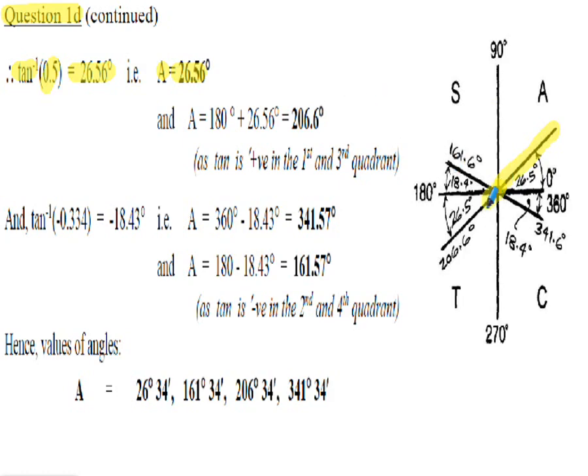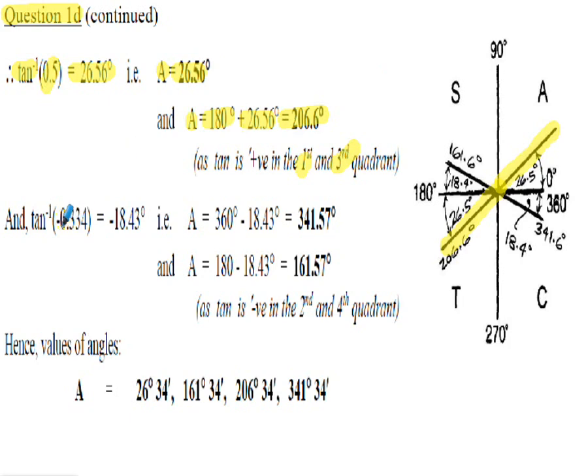Don't forget that tangent is also positive in the third quadrant here on our ASTC diagram, so a second solution will be 180 degrees plus the 26.56 to give us 206.6 degrees. That's our second solution. So in the first and the third quadrant, that positive ratio is relevant.